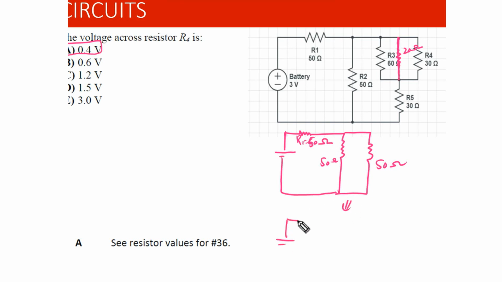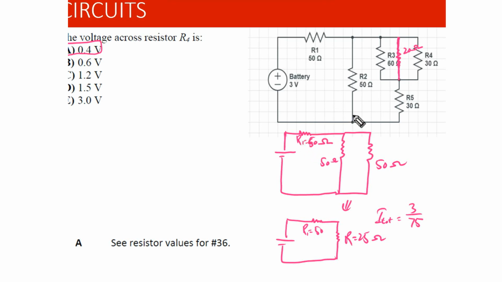This is 50, and here you get another resistor equal to R1, which is 50, so R here will be equal to 25 because they are in parallel. Then you can find I total, which will be equal to 3 divided by 75, and then you can figure it out.